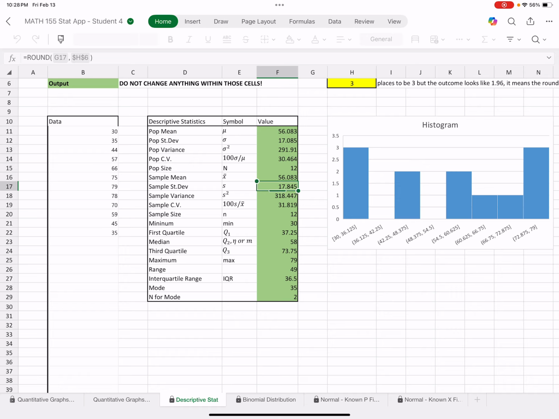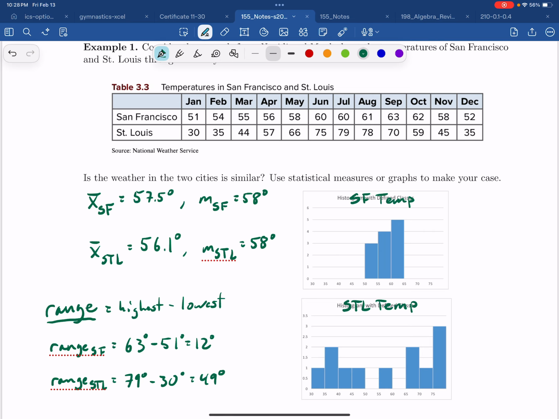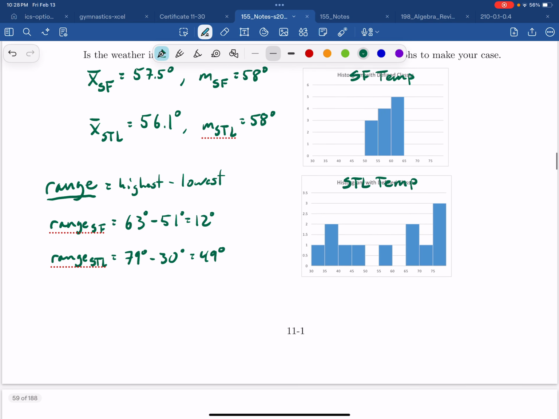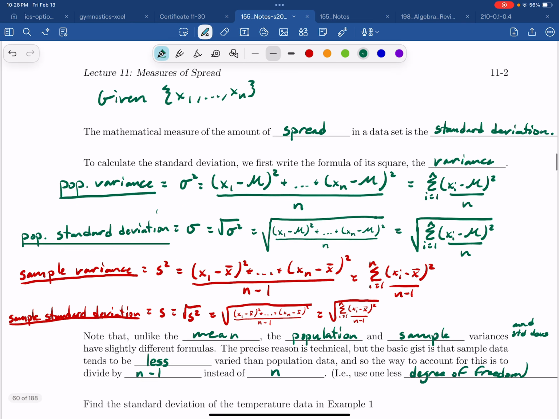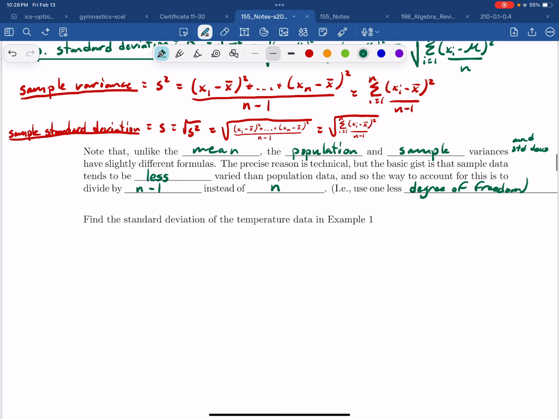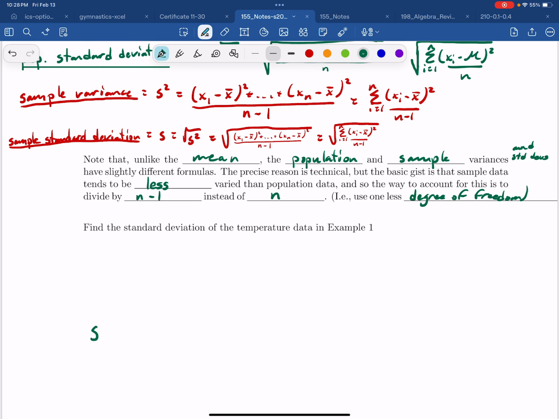We have 17.85. One common convention is that you round to one more decimal place for the standard deviation than you do for the mean. So the standard deviation for St. Louis equals 17.85.